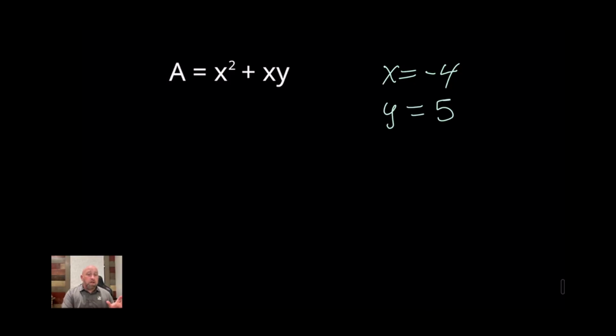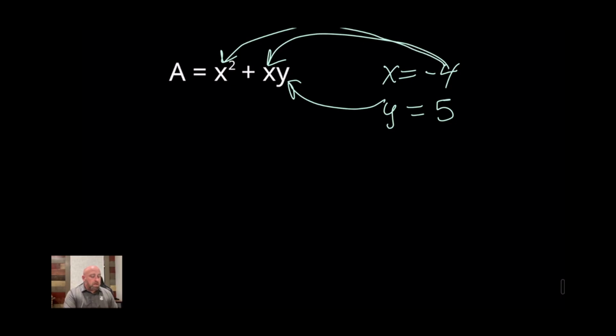Now all we do is, this is just like a formula. You plug those numbers into it, and then you solve it and see what you get. So we plug the -4 in here, and we plug the -4 in here because those are both x's, and then we plug the 5 in here. That's a -4, so make sure you plug it in correctly. So we have A equals -4 squared, and that is squaring the negative sign as well.